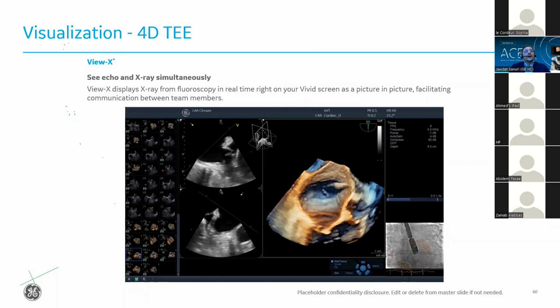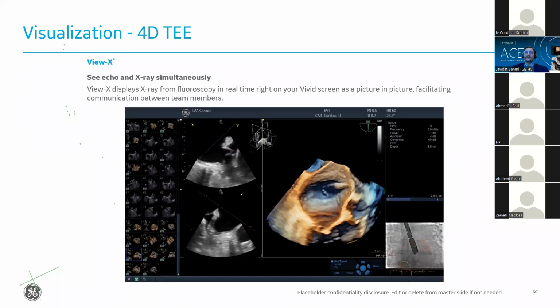In addition, we have new tools for helping visualization during structural heart procedures, such as ViewX, where we are actually able to visualize the cath image on the echo machine, because usually in the echo machine inside the structural heart or interventional or cath lab setting, we don't see the cath image.